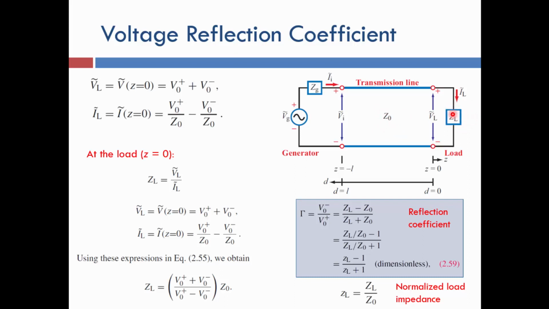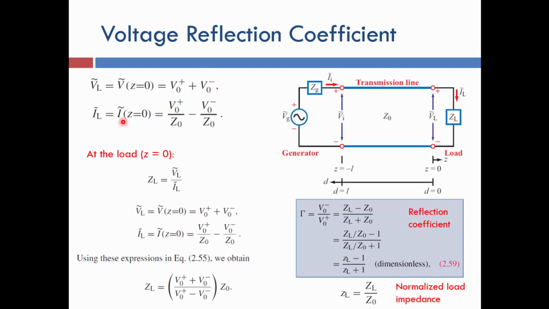Okay, so if we need to measure the voltage or the current at any point along the transmission line, the voltage or the current that will be measured represents the superposition of the traveled voltage with the reflected voltage.